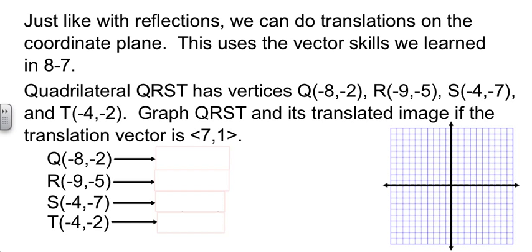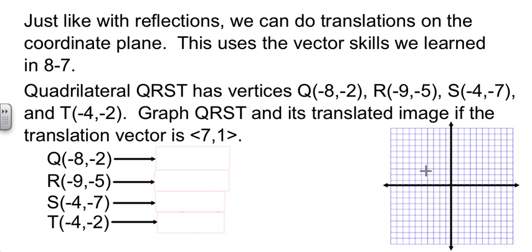Now we can also do this on a coordinate plane. We're going to use the idea that we learned in the last chapter when we talked about vectors. We have 4 points that they want us to graph.